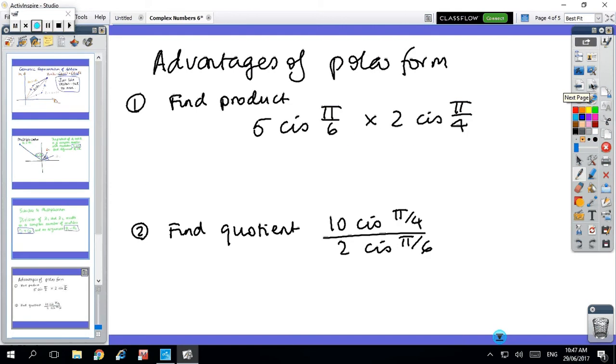And again, just to keep on the idea of why we're doing polar form, once we've got polar form, it's much easier.